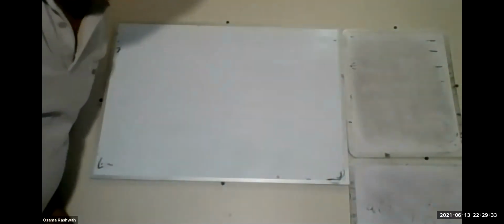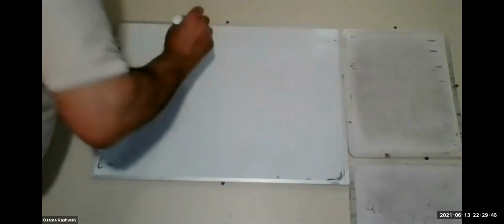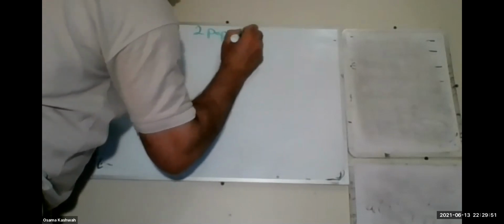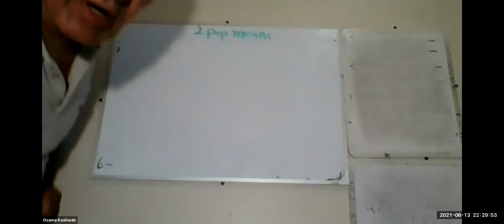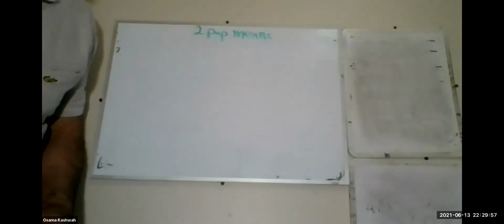Okay. So if the standard deviation of the population is there, that's fine. We are testing the equality of two population means.